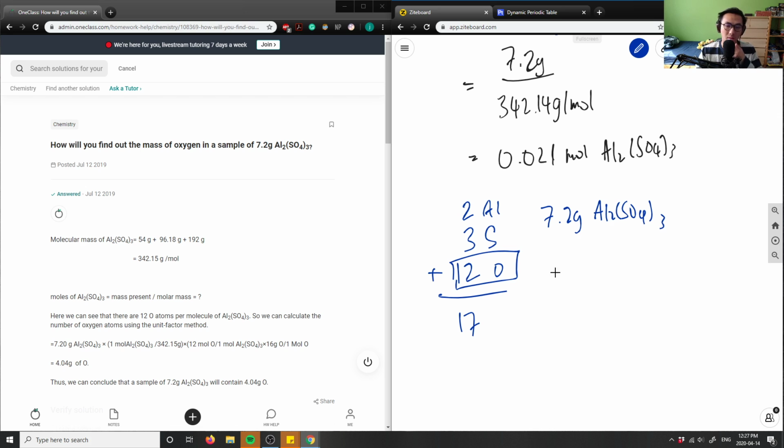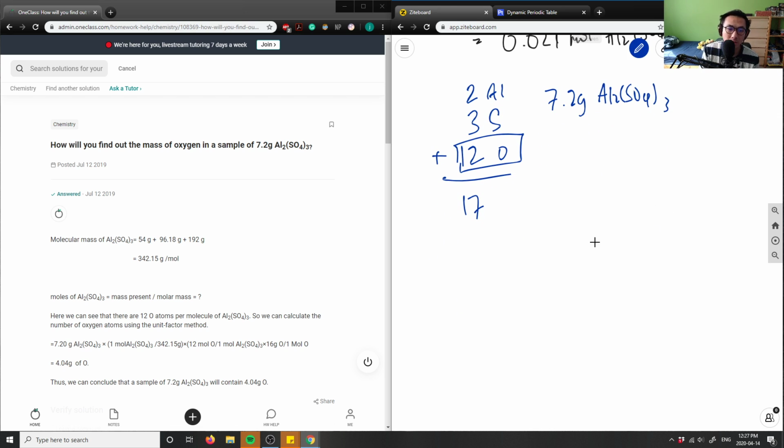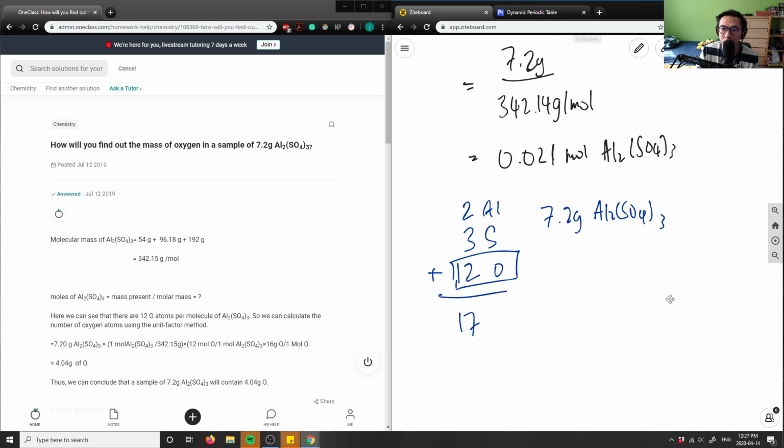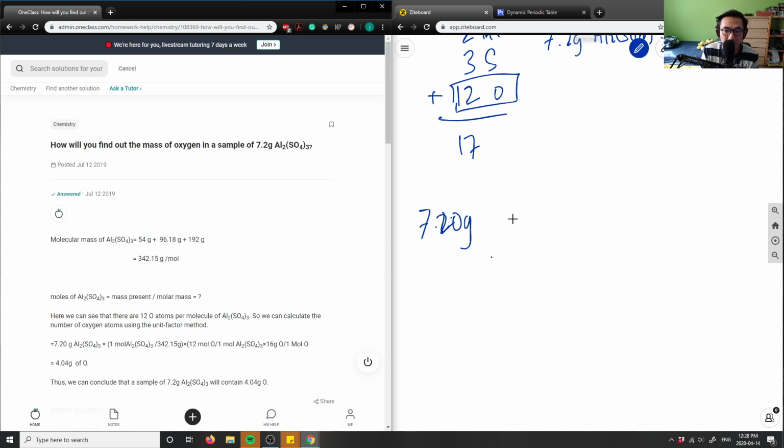So let me write this out here. We have 7.20, and this is actually what they did here. I'm simply rewriting their solution because their solution is correct.